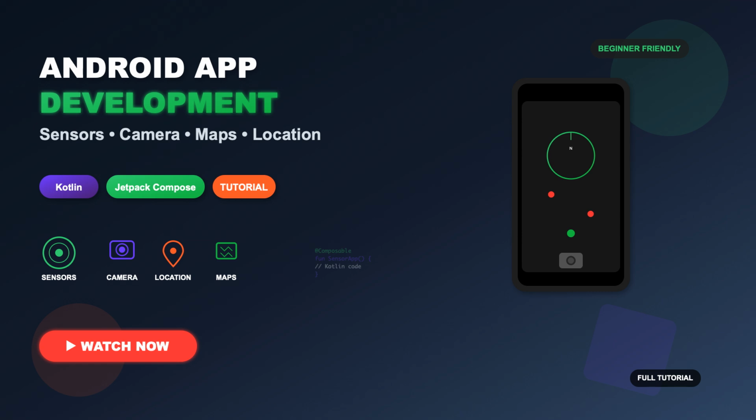Master location services with the fused location provider, and display dynamic Google Maps with markers in the Find Me app. Packed with practical Kotlin code examples, Jetpack Compose UI techniques, and step-by-step guidance, this tutorial is ideal for refreshing your programming knowledge or exploring productivity tools for mobile development.